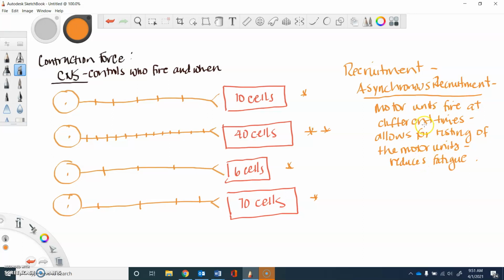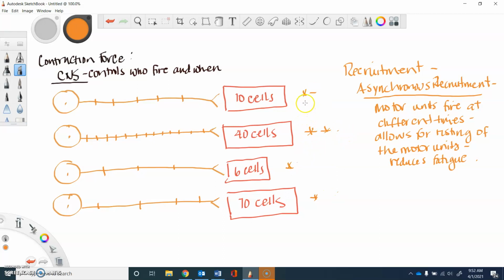Okay, so at a maximal force, not as many of the motor units are going to be able to rest, right? So the more force and the more motor units are recruited on, the more they have to be engaged, and the more powerful the contraction will be, but the less time it's going to last, and the more it's going to fatigue, because it's not going to be able to rest this one while this one goes, and so on.